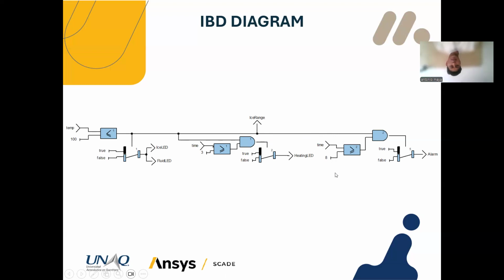So if the measurement system has been indicating the presence of ice for more than 8 seconds, that is 3 plus 5, then it is going to turn on the alarm and it's going to turn off only, like we can see in this, with comparators and logic gates.